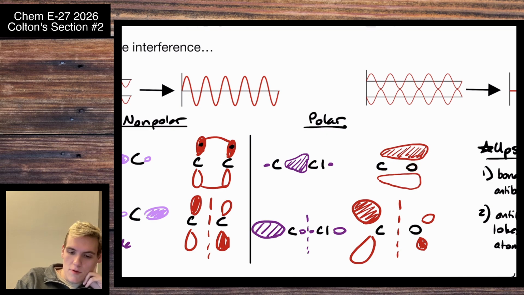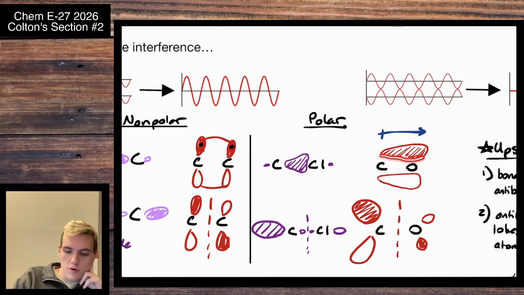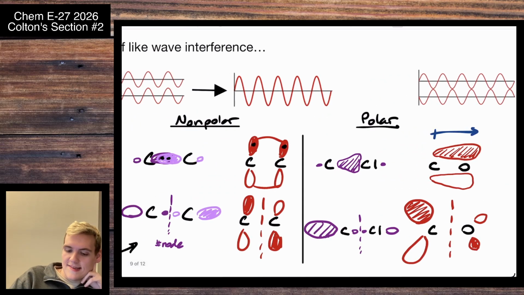We have a dipole going this way, and the electrons are going more towards the O. So our loaf gets a little chunkier towards the O and a little bit slimmer towards the carbon to show that the electrons are more attracted to the O. Similarly, in a sigma bond between carbon and chlorine, instead of being a neutral loaf in the middle, it's going to be more towards the chlorine and a little bit less towards the carbon.